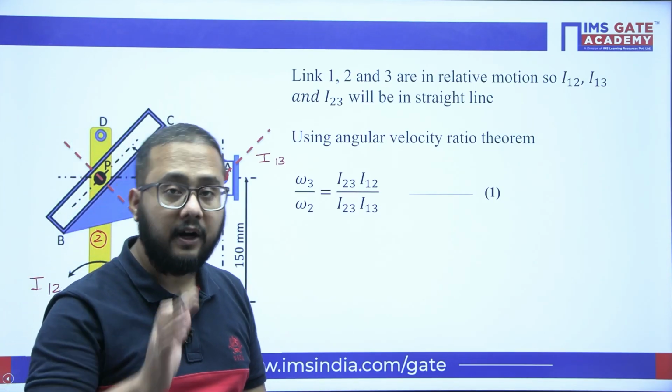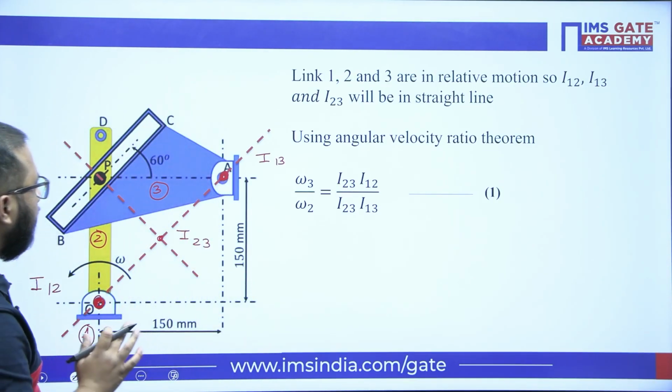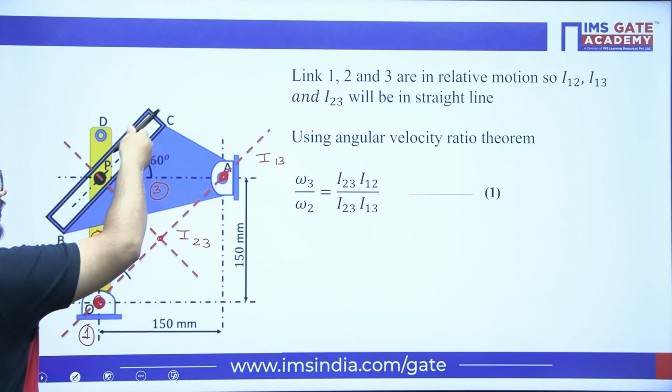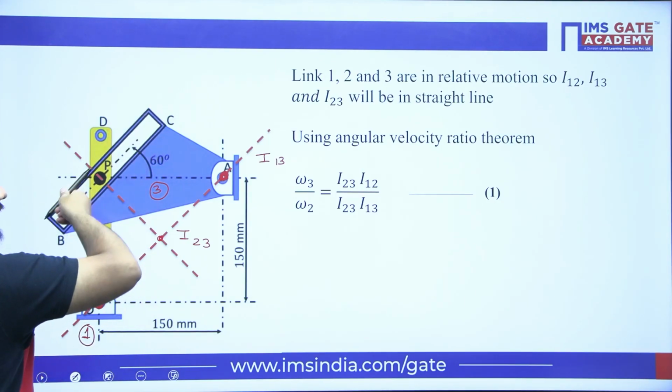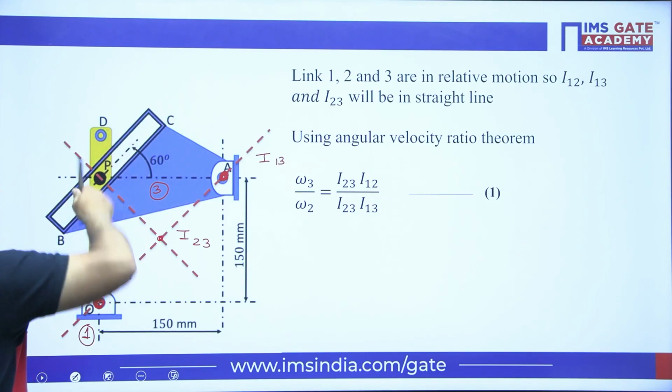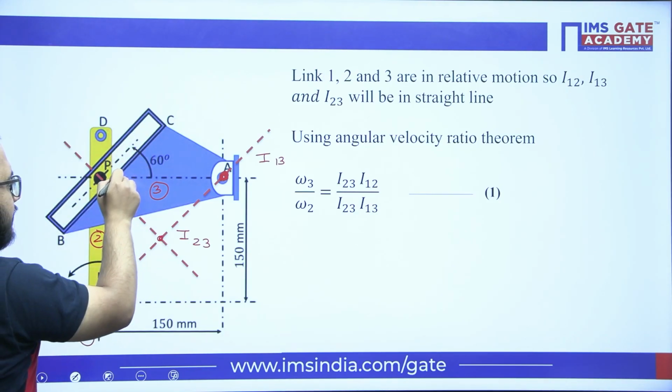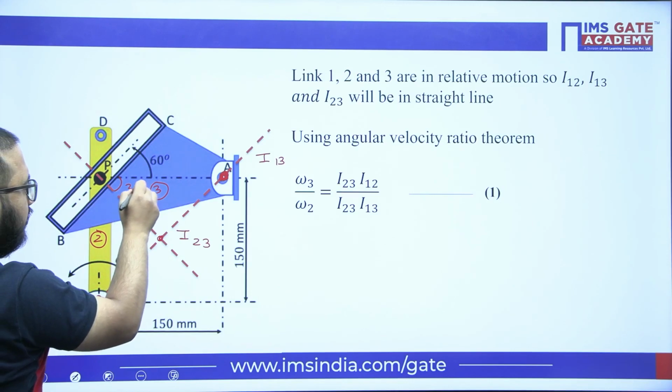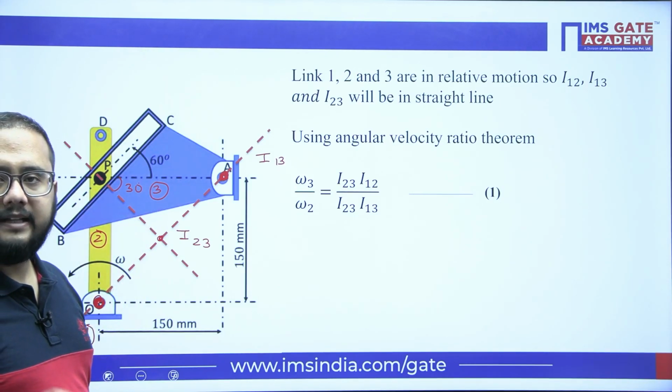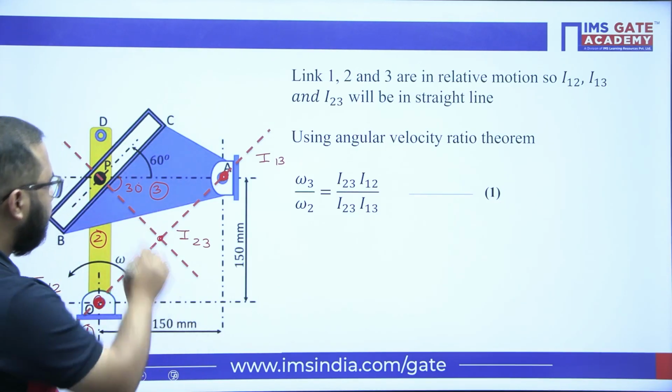First of all, this is 60 degree perpendicular. This dotted line represents the sliding motion, and perpendicular to sliding I have drawn this line. So if this is 60, the remaining angle will be 30 degrees. Please understand this basic part, everyone. This is 30 degrees.